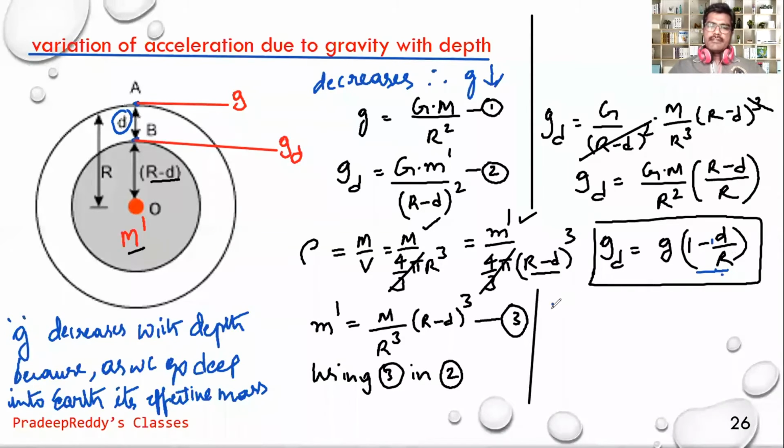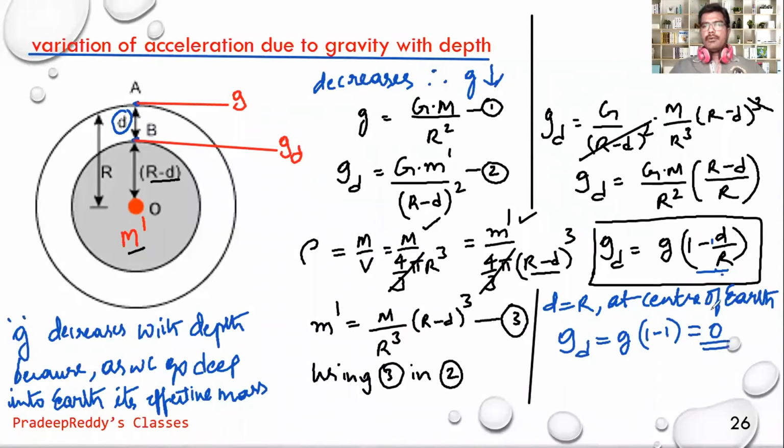At some distance d is equal to r, in the sense at the center of earth, d will be equal to r. Therefore acceleration due to gravity at depth d will be g into (1 minus 1), which is equal to 0.